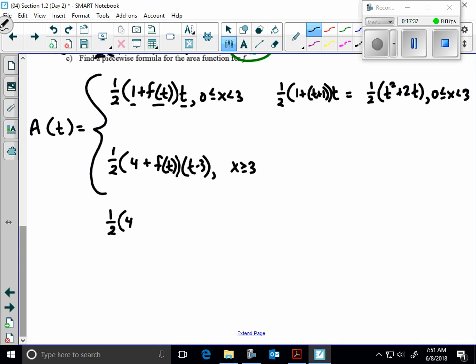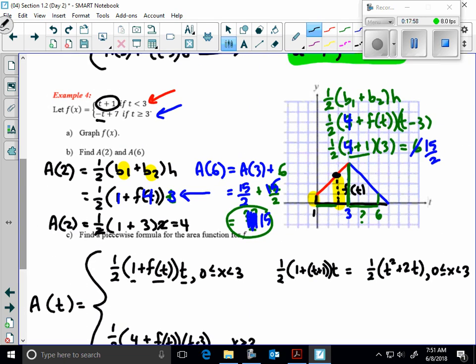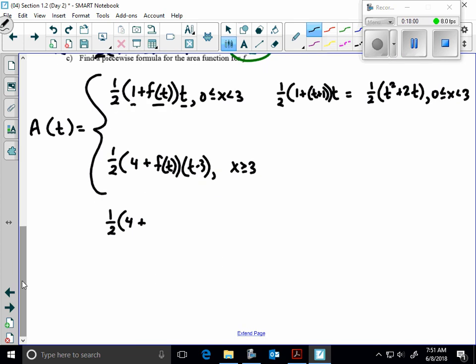We said 4 was the output at f of 3, right, where one interval stopped and the next began. Okay, there is something I'm missing here, so hopefully you catch it, but I'll catch it in a moment if you don't. Okay, and then we're going to take f of t as our second base. f of t in the second piecewise function is negative t plus 7. So negative t plus 7, and multiply that by t minus 3.